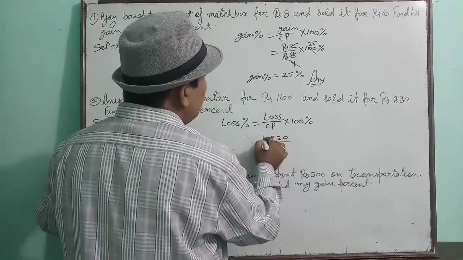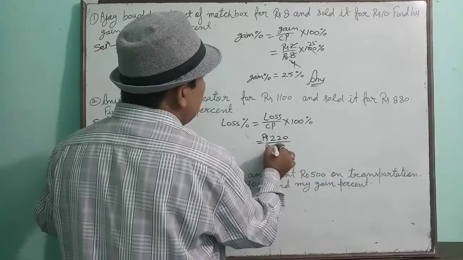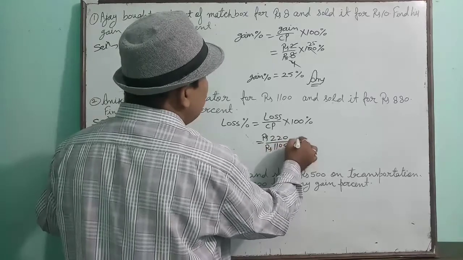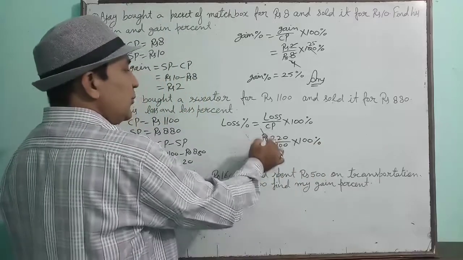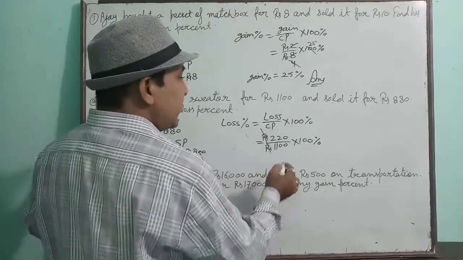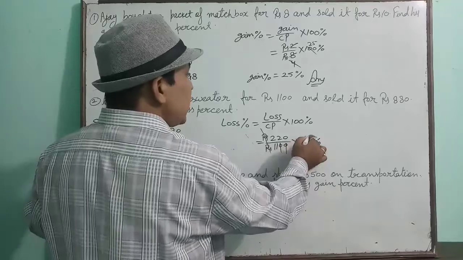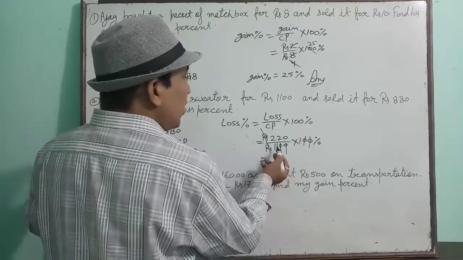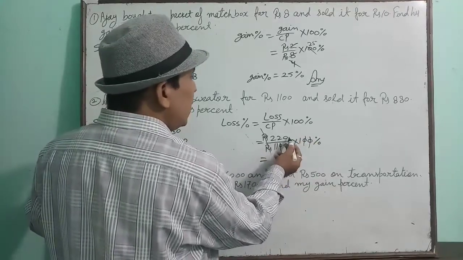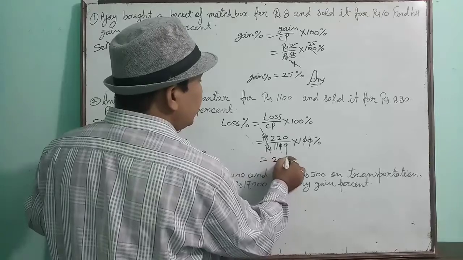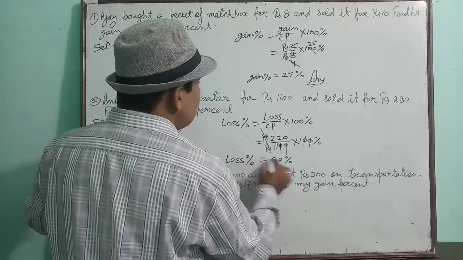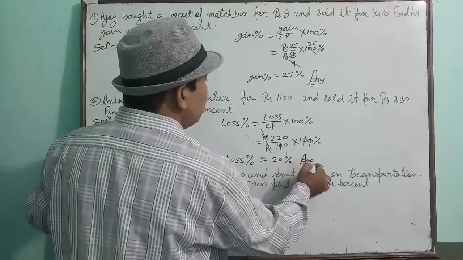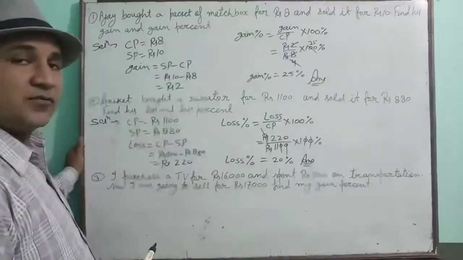Means 220 rupees upon rupees 1100 multiplied by 100%. Both the rupee units cancel each other. These zeros are cancelled by 100. Now 11 divides 220 by 20 times. That means loss percent is equal to 20%.